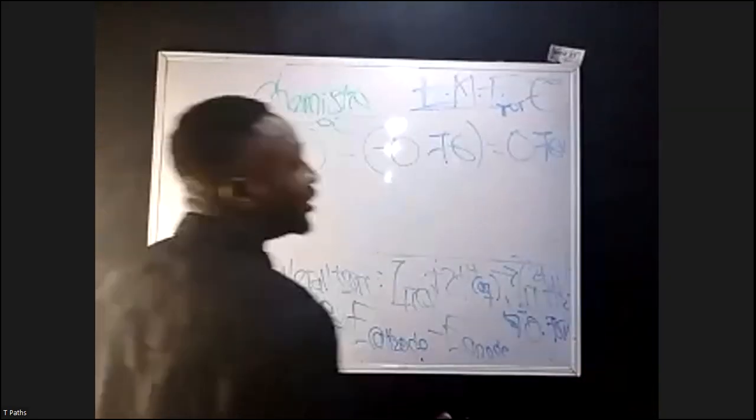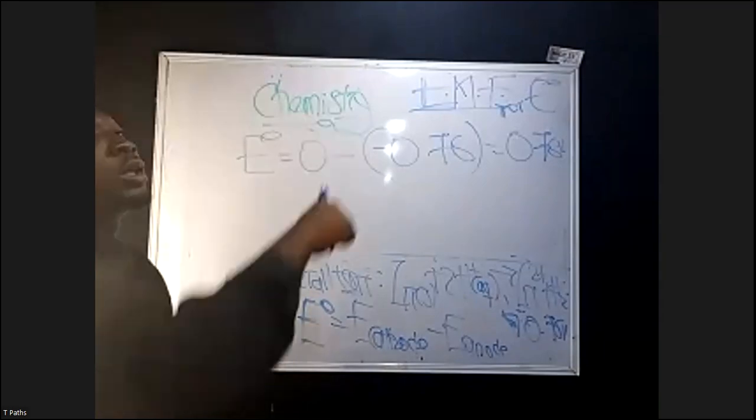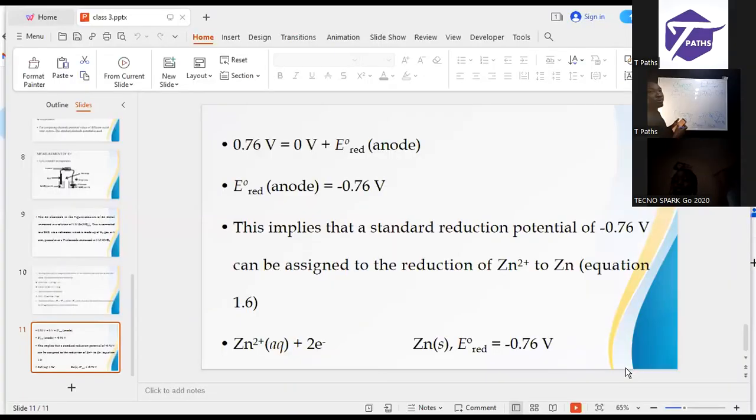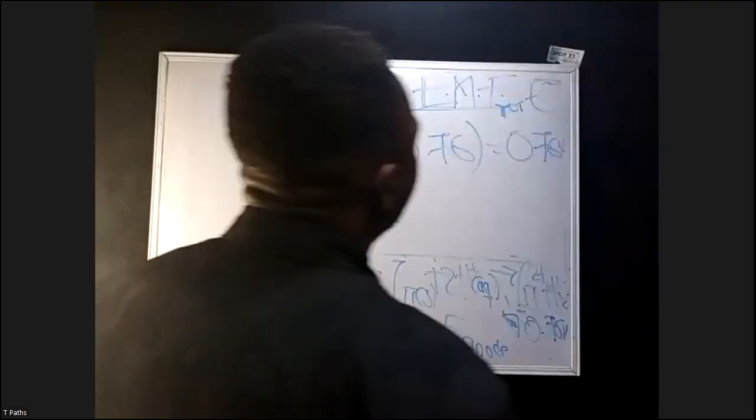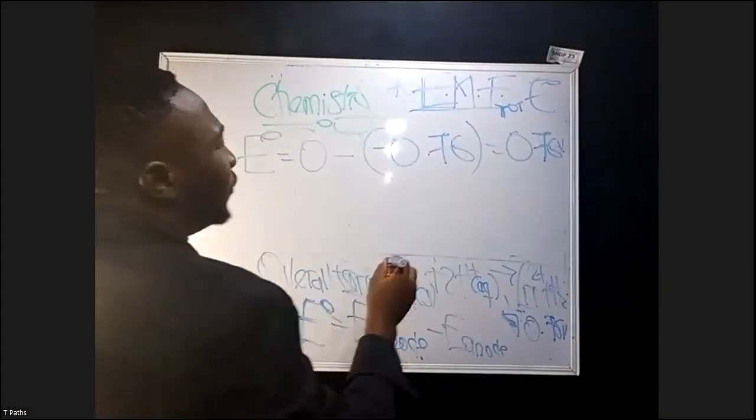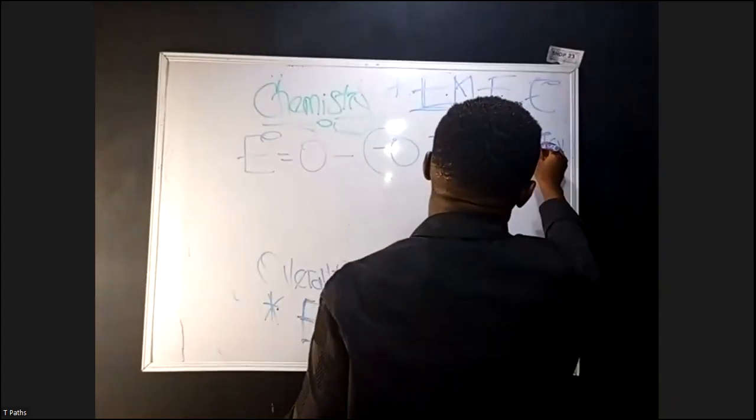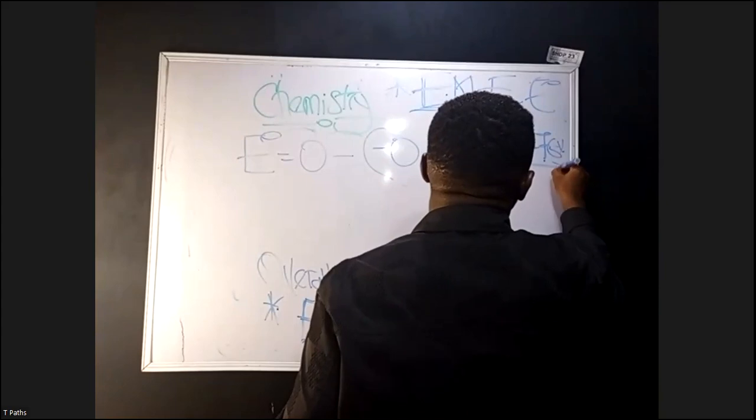We got that based on the fact that the reference hydrogen electrode was measured, and the zinc was already at minus 0.76 volts. But I want to now determine the E naught of the cell, because when we do that, we establish what they call a potential difference that is called EMF. So the E naught of the cell is 0.76 volts.